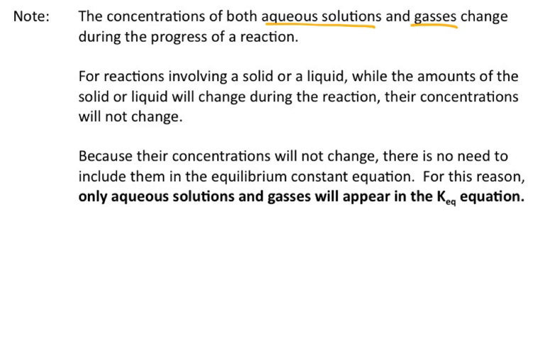If we have a chemical reaction that has solids or liquids, we can't change the concentration of a solid or a liquid. Because a solid is not dissolved, we can't talk about how many moles per liter. Same thing with a liquid. So when we're dealing with the KEQ equation, we actually exclude all solids and liquids from that equation. And once we get to the next example, we'll see what that looks like.